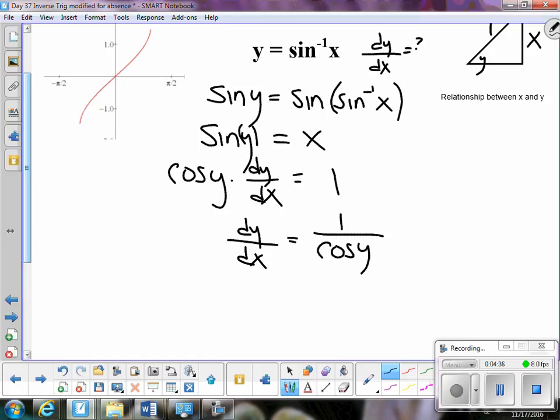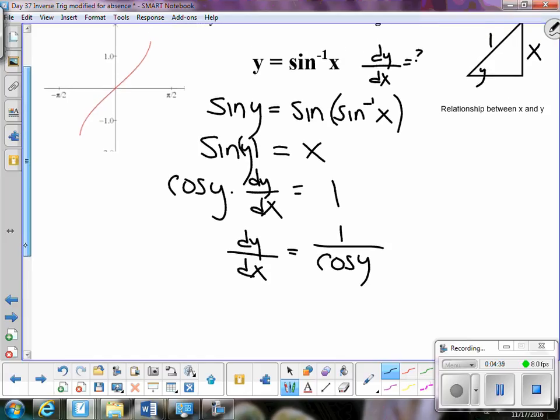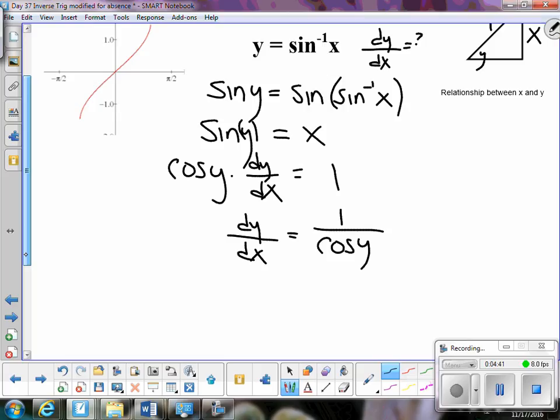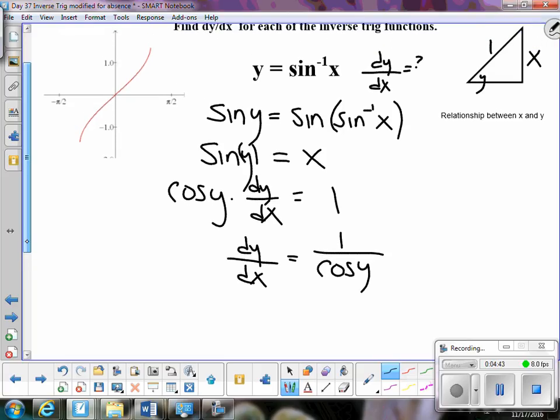Well, that's nice, but if you have the inverse sine of x, you'd like the derivative to be in terms of x. So let's go look at that triangle that we drew there and see how we could rewrite the cosine of y in terms of x. Cosine is adjacent over hypotenuse. So we're just missing the adjacent side. You know that leg squared plus leg squared equals hypotenuse squared.